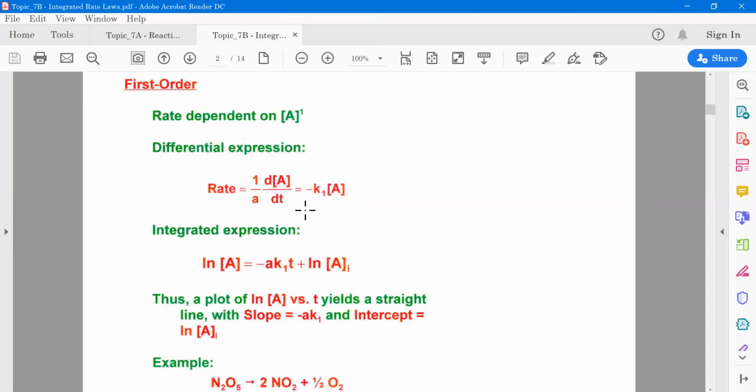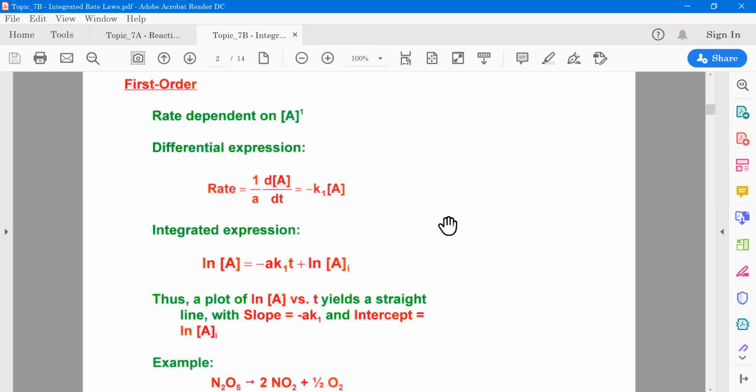And the integral of dt is simply t. So the integrated expression is the log of the concentration of A equals minus k1, now we have a first order rate constant, so it's shown as k1, times the time, plus the constant of integration, which is the log of the initial concentration again.